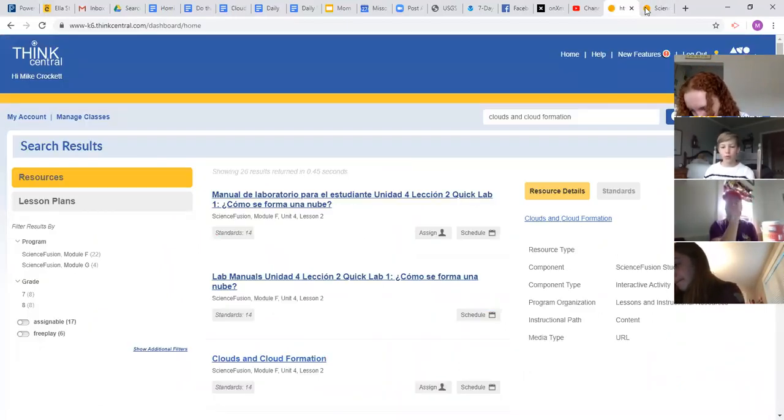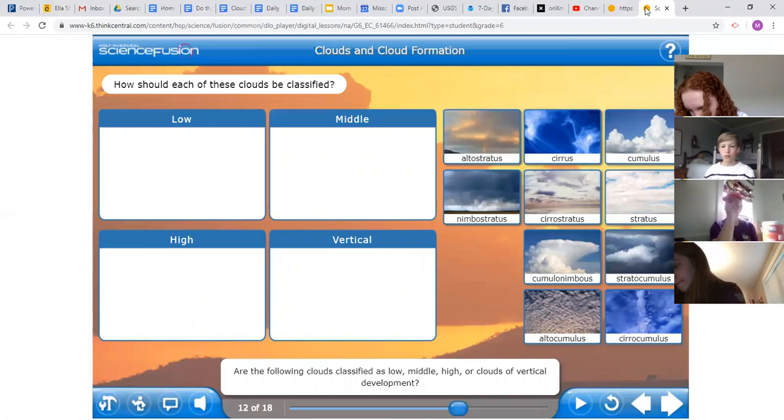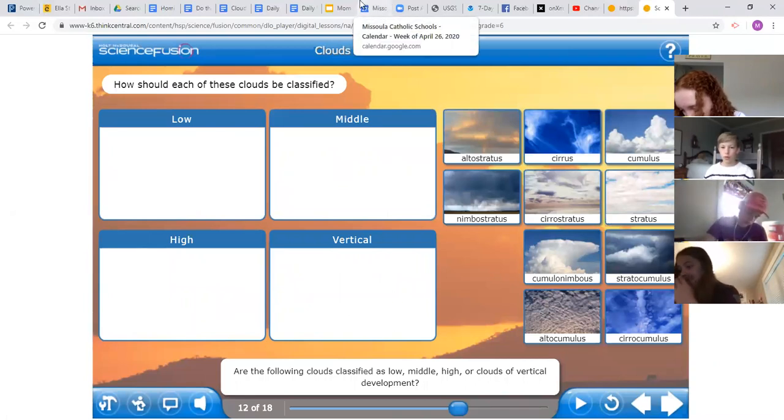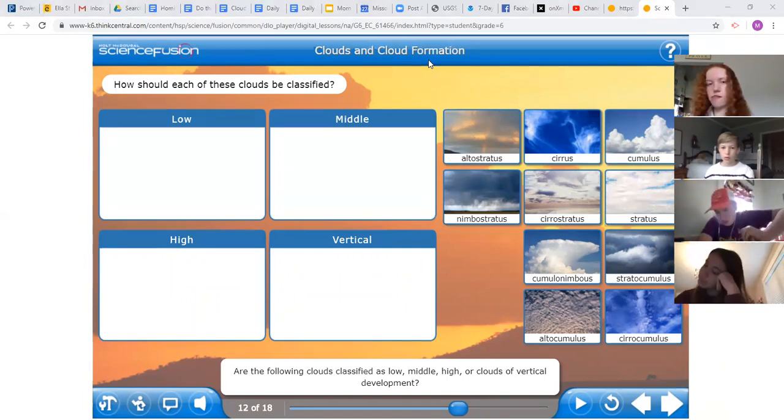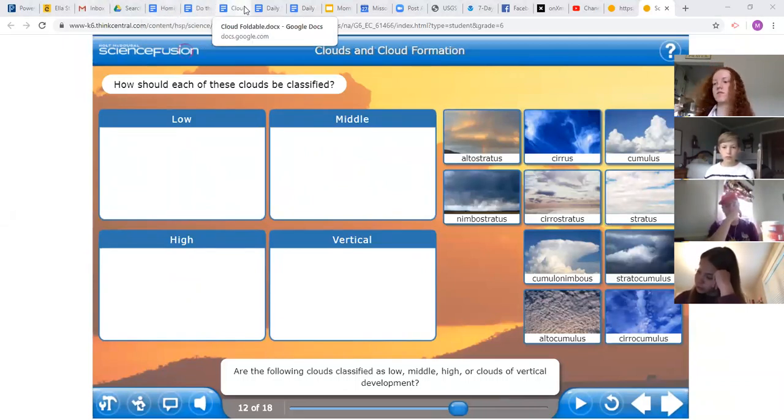How about the word strato or stratus? Somebody besides Victoria. Layering. Good. So our prefix strato or stratus, don't worry too much about the ending.